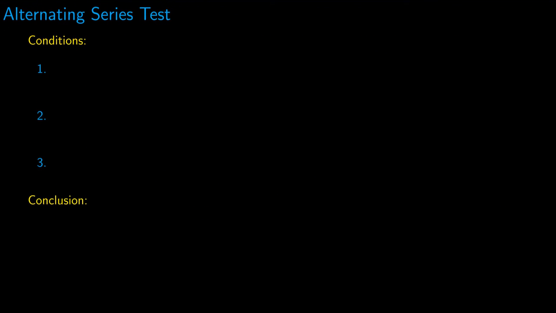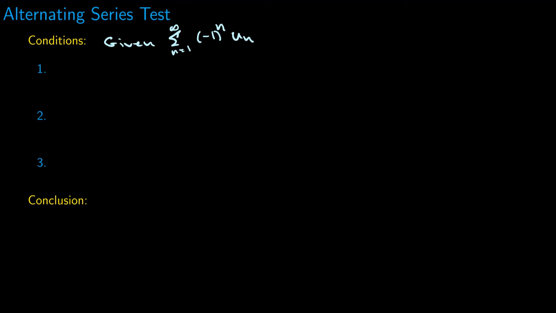Okay, so we want to talk about the convergence of an alternating series, and we'll do this using the alternating series test. So given an alternating series, sum from n equals 1 to infinity of negative 1 to the n times u sub n, we're going to check three conditions.